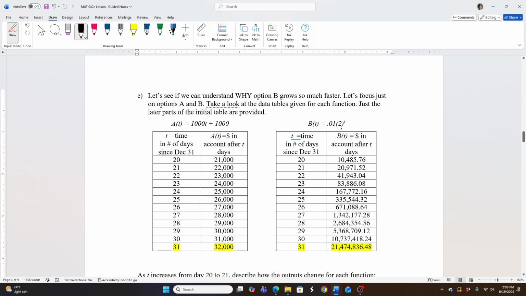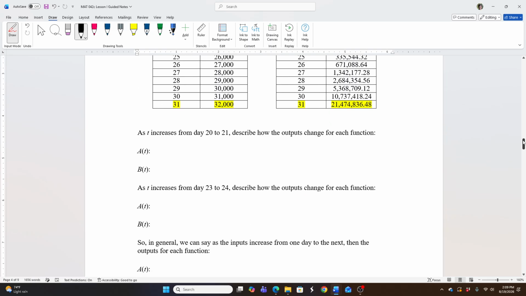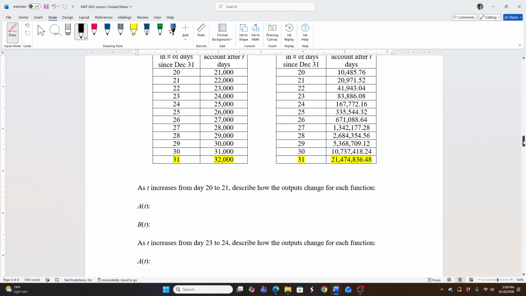When we double each time, that doubling amount is the number that gets taken to the power. And here's our linear function for adding $1,000 each time. Now, this question asks, as t increases from day 20 to 21, describe the outputs change for each function.